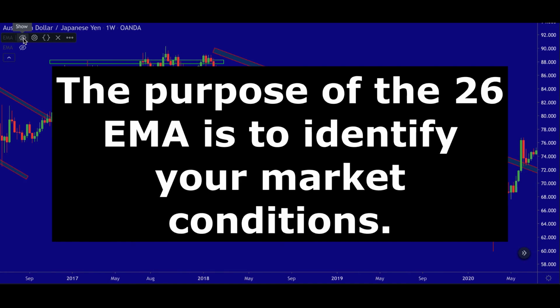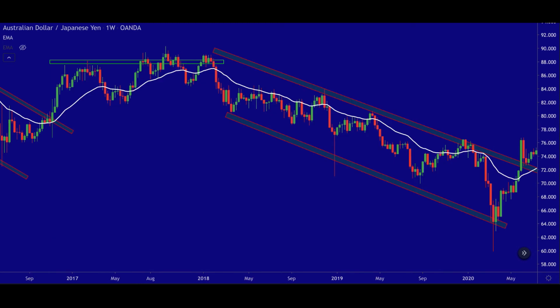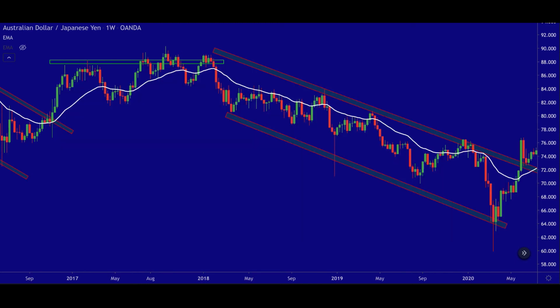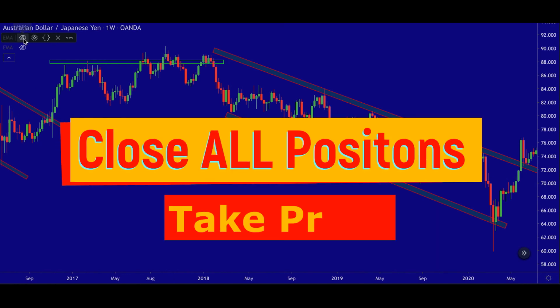The purpose of applying the EMA 26 to our charts is so we can identify the market, just in case the market wants to throw an end of trend variation or a hard reset and change the direction. So once price action breaks the 26 EMA with an aggressive bullish candlestick, after giving us that long wick candlestick, we close our positions and we take profit.